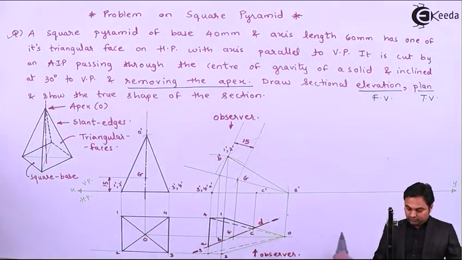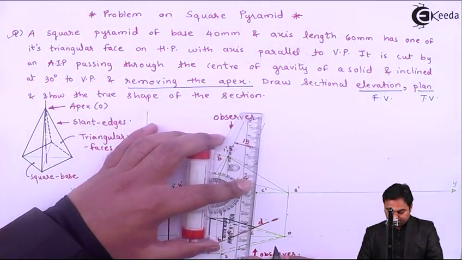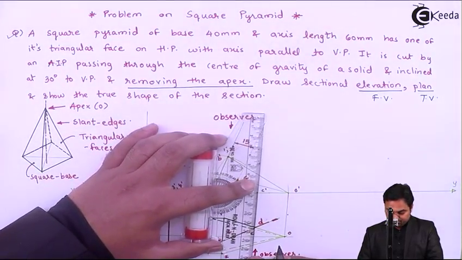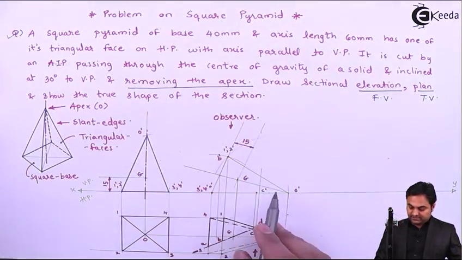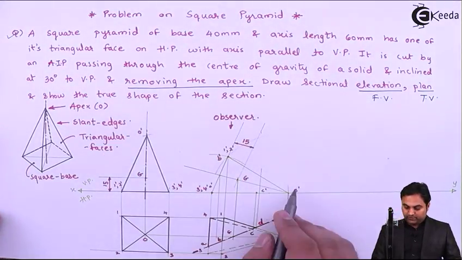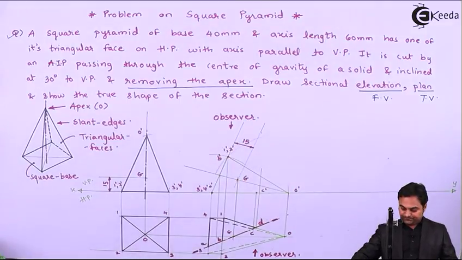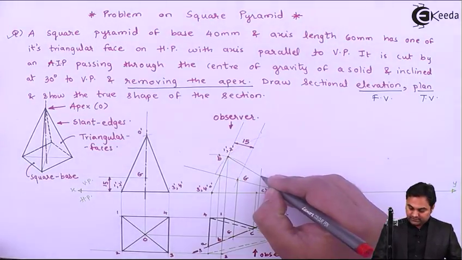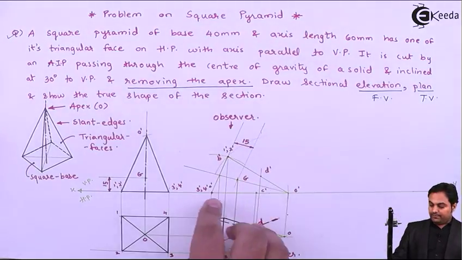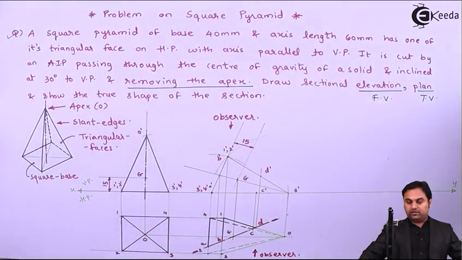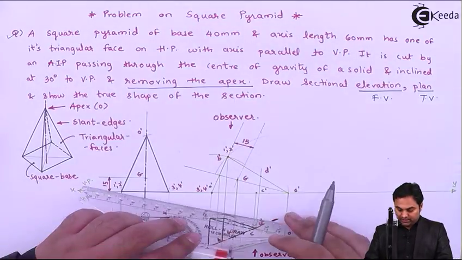Then point D is on O to 1. So O dash, it is on O to 1, that is O dash 1 dash. That gives me the point D dash. Next, I'll make the visible portion dark.